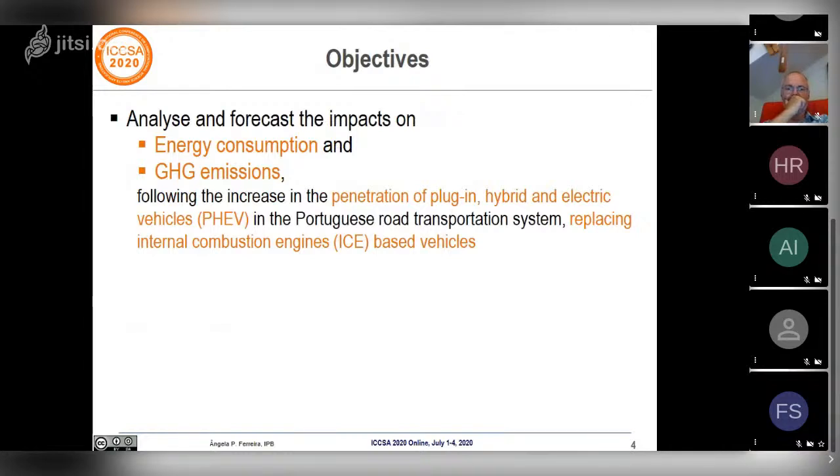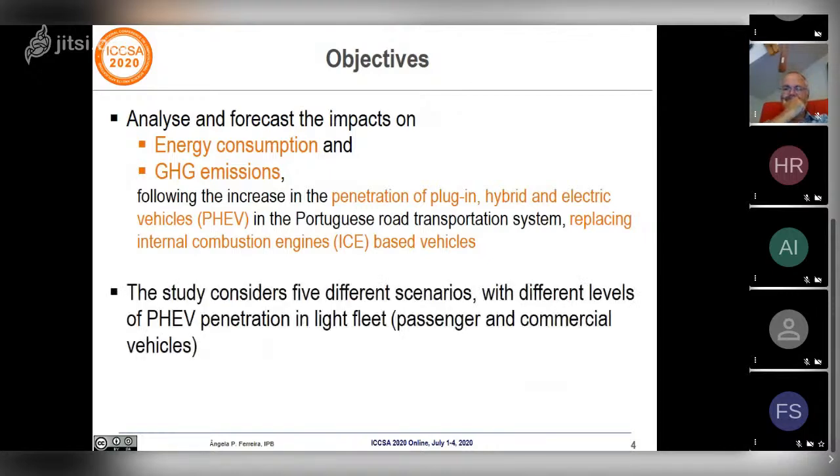So this work aims to analyze and forecast the impacts on energy consumption and greenhouse gas emissions following the increase in the penetration of plug-in hybrid and electric vehicles in the Portuguese mobility system, replacing the internal combustion engine-based vehicles.